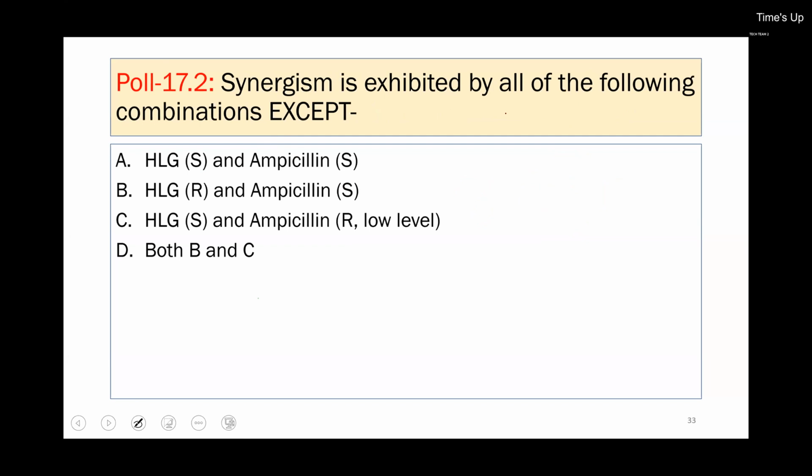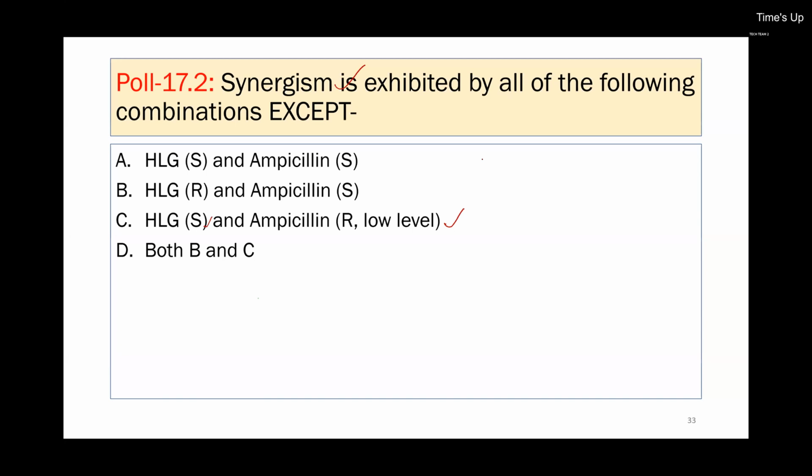The second question was, synergism is exhibited in all of the following combinations. The synergism between gentamicin and ampicillin is going to work among these. In what scenarios is it going to work? Many of us have marked option D, that is both B and C: high level resistant and ampicillin susceptible, high level resistance susceptible and a low level.